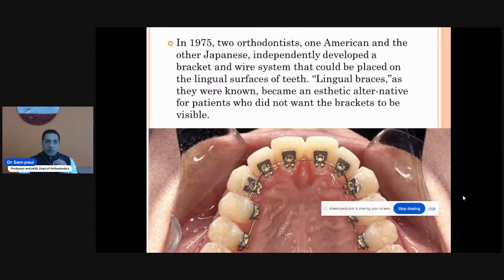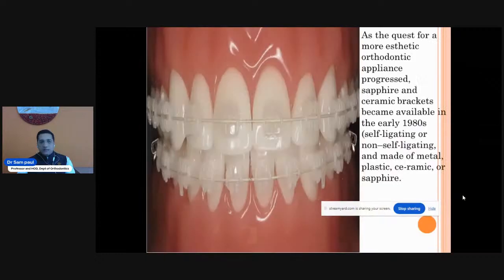You might have heard about Dr. Andrews in your undergraduate classes, and you might have heard about lingual braces. In 1975, one American orthodontist and one Japanese orthodontist together introduced the lingual braces, which, as you know, are placed on the lingual side of the teeth. Every time people try to get some innovation to make the orthodontic treatment as aesthetic as possible. That's how the lingual braces came into existence.